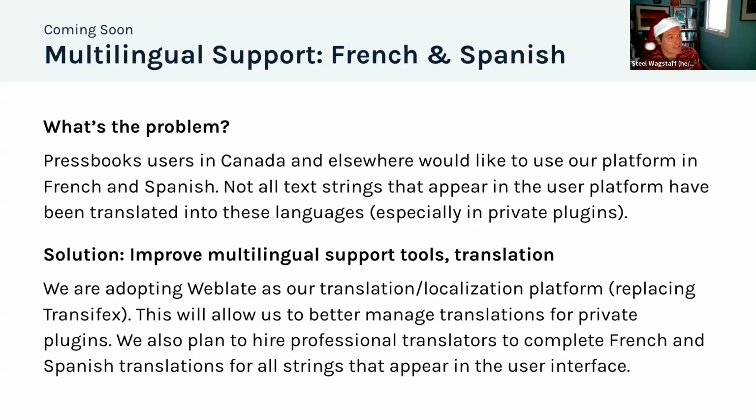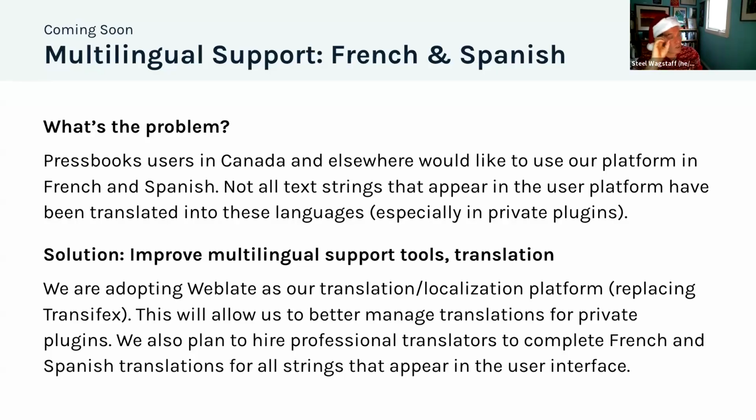It served us well for a long time, but we're moving to a new translation platform called Weblate, and that will be completed shortly. When that's done, that will change the location. You don't have to have coding skills to do this, you just have to have language skills. You'll be able to go to the Pressbooks Weblate interface and submit translations, not of books, but of strings or phrases that appear in the Pressbooks interface.